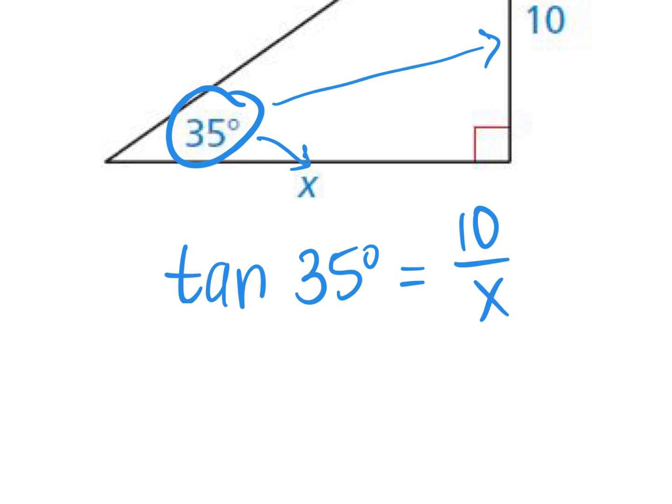Could you solve this for x? What would you do? Multiply? You solve the tangent of 35? Okay, what is the tangent of 35 degrees? 0.7. It's rounded to 0.7? Yes. Okay.